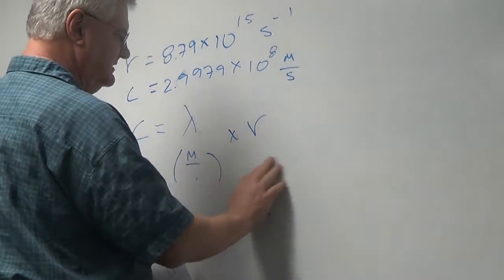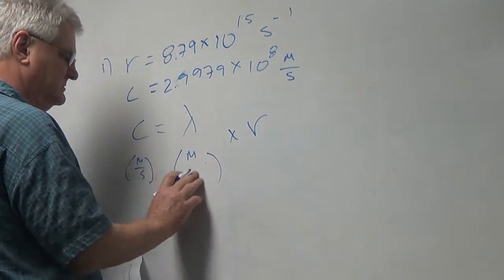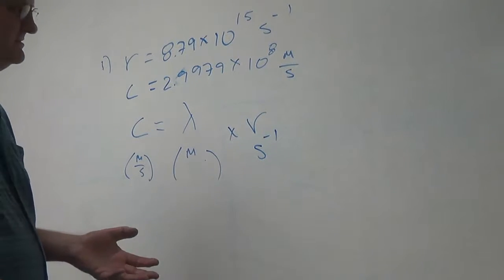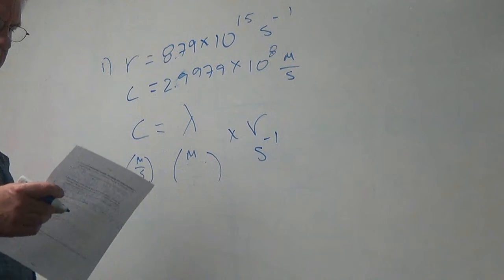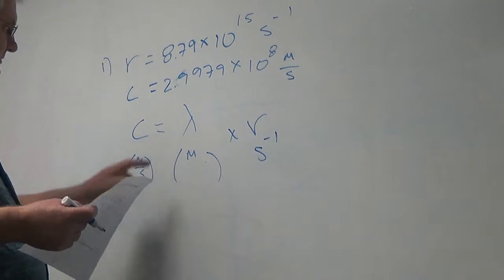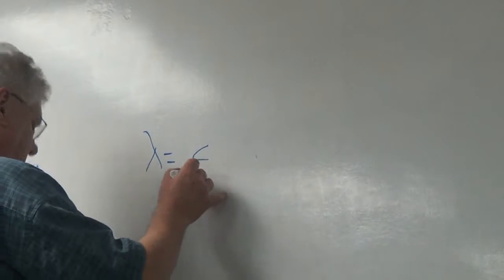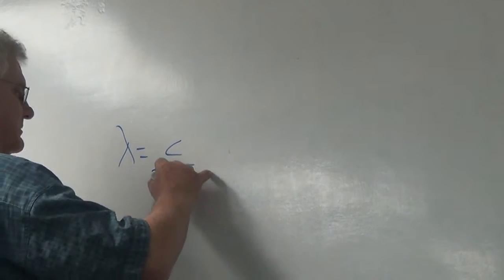In which case this would be meters and this would be seconds to the minus one. But you do need to be conscientious of units, even though it's a simple equation. So if you rearrange this, lambda is going to equal the speed of light over the frequency. That's what the problem's asking for.